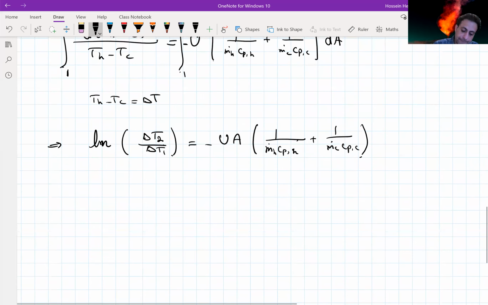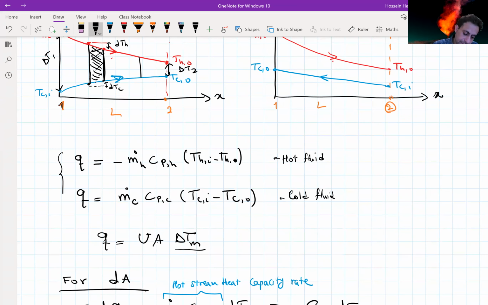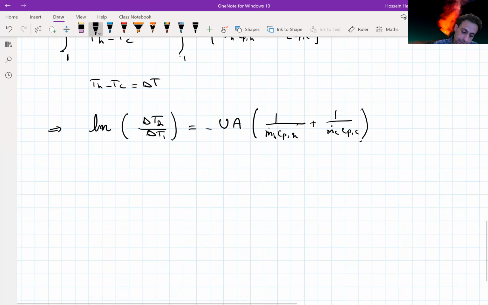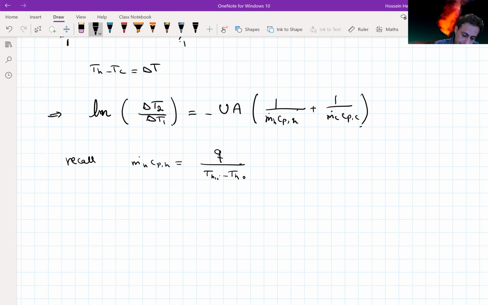We know from the energy balance that we were writing from the beginning, we can find the values of m dot c and m dot h. Recall m dot h Cph is q divided by (Thi minus Tho), and m dot c Cpc is q over (Tco minus Tci).